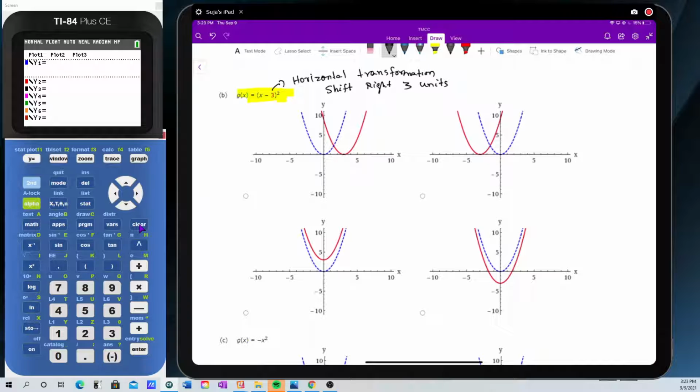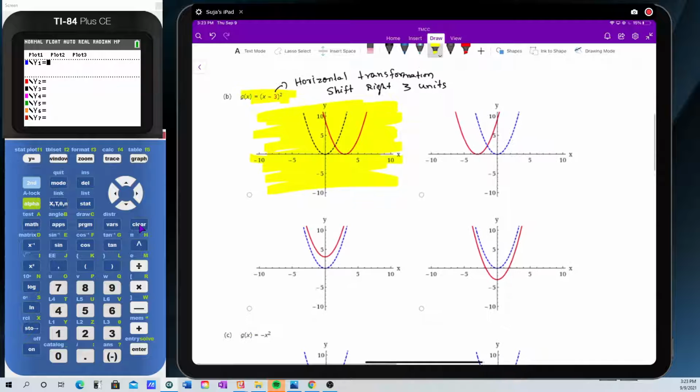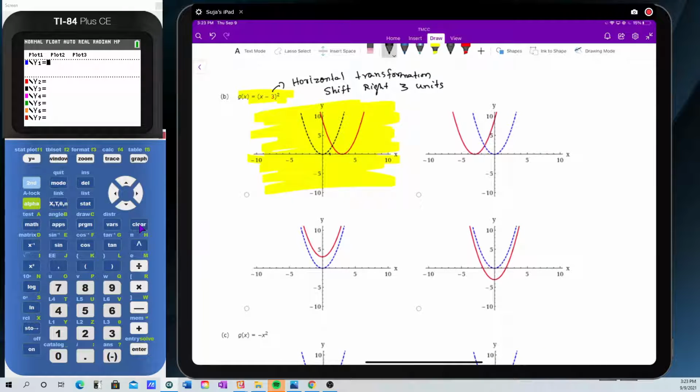Okay, so it cannot be the second graph, it cannot be the third, it cannot be the fourth, so it has to be the first one. Because my whole graph is shifting to the right 3 units. I can see here, so it's 1, 2, 3. So that's my place where the whole graph is shifting to the right.